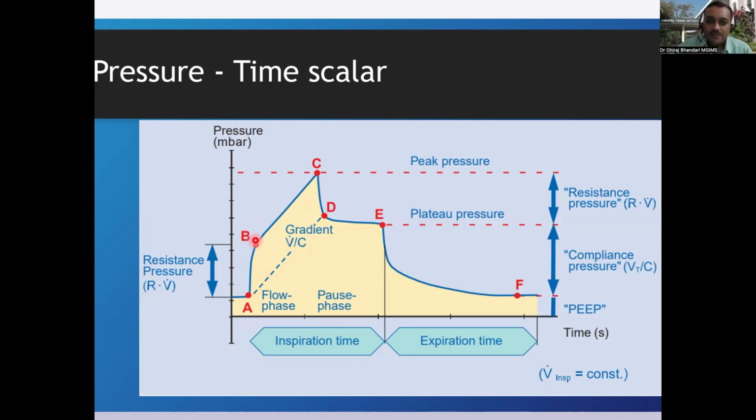And then from here it goes to the trachea, bronchus, and so on. So it is basically reaching the peak pressure. From here, you will have a slight change, and this is where your alveolar pressure or plateau pressure will be represented. What I want to emphasize again is, if you look at the pressure scalar, you have an inspiratory time, and after the plateau pressure comes down, you have an expiratory time like a normal breath.